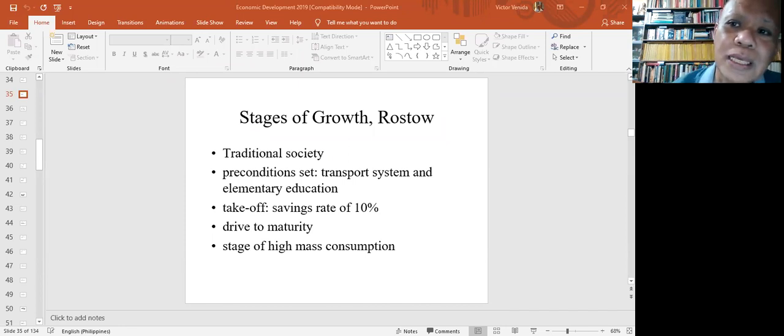They're quite different, but in either society, you do have the presence of savers. There would be a class of people that are doing the savings.